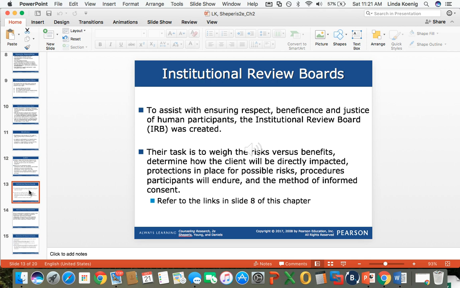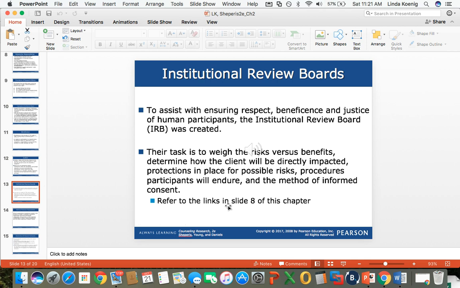So the IRB will weigh the risk versus the benefits, and they have the power to say you cannot do a research project, or you can do this research project, but you have to alter it in this way or that way in order to reduce risk.